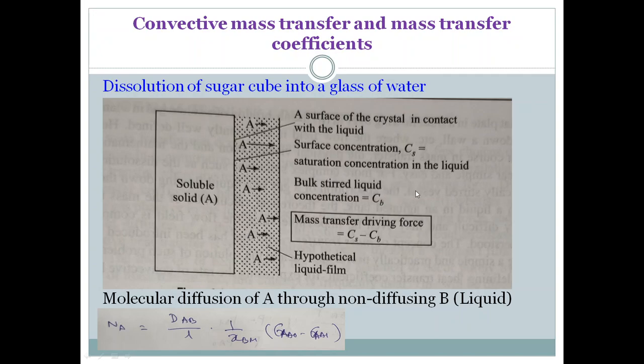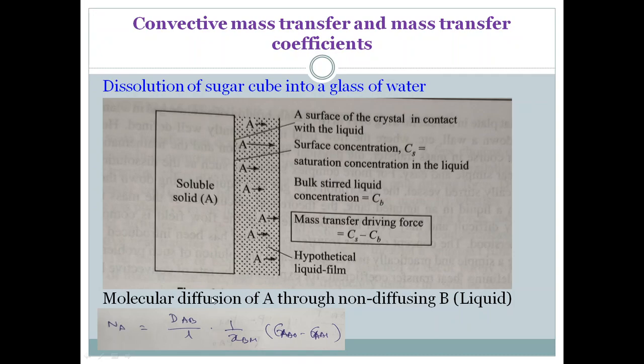And if this fluid is stagnant, then this is the case of diffusion of A through non-diffusing B, because here A is diffusing from the cube into this liquid. So we know in a molecular diffusion phenomenon, NA will be DAB by L into 1 by x_BM into (CA0 minus CAL).